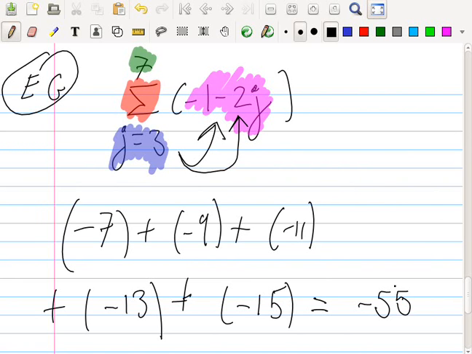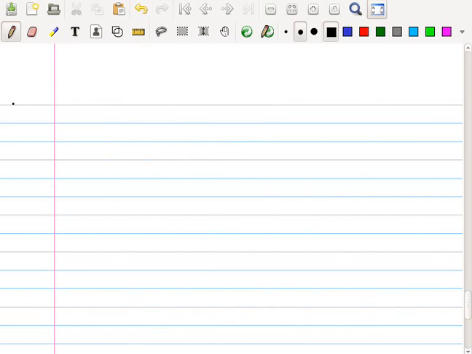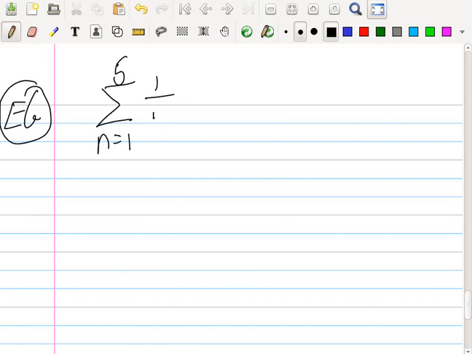Okay, another example now. The sum from n equals 1 to 5 of 1 over n squared. So let's try and do this together. What would be the first term here? 1 over 1 squared, which is 1.